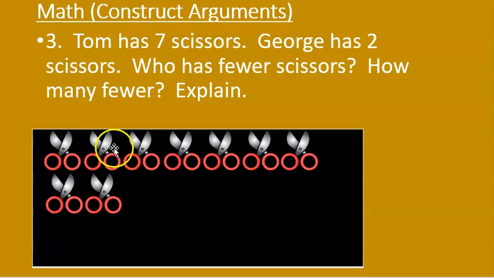Here's our question. It says, who has fewer scissors? How many fewer? Explain. Now first graders, we said this first row is Tom. The second row is George. Now the question, first graders, is who has fewer scissors? So just by looking at this, who has fewer scissors?